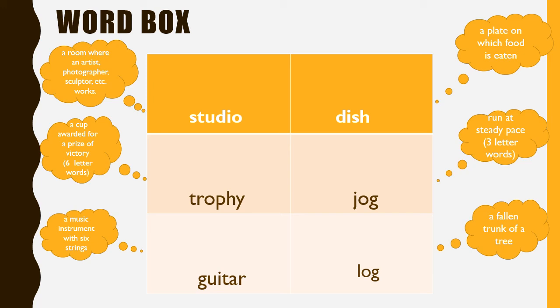Alright. Next word, jog, which means run at a steady pace. Make a sentence using the word jog. Here's my sentence. Mother and I jog together.